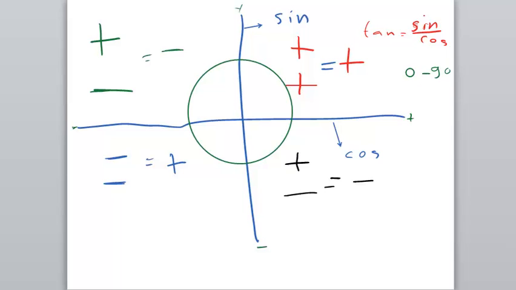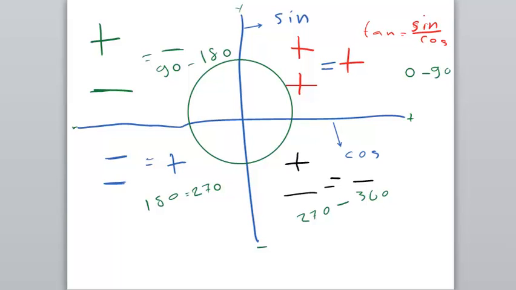This is 90, and this is 180. So it is from 90 to 180, and from here to here it will be 270. So it is 180 to 270, and from here to here it is 270 to 360. So it increases each time by 90 degrees.